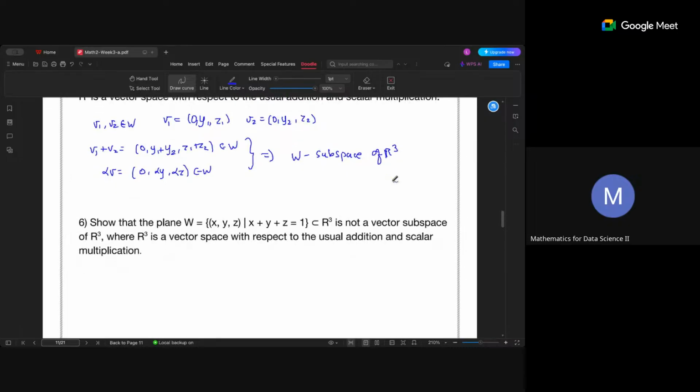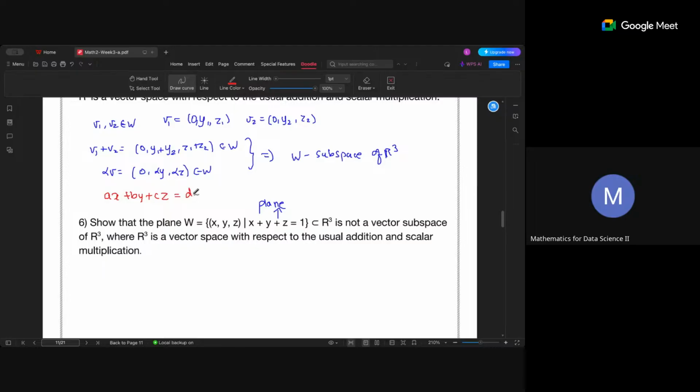Now what about this set? This is a plane, just like we saw the equation of a line. So here you see ax plus by plus cz equal to d.